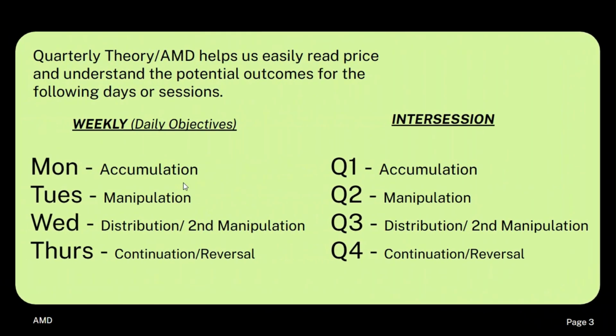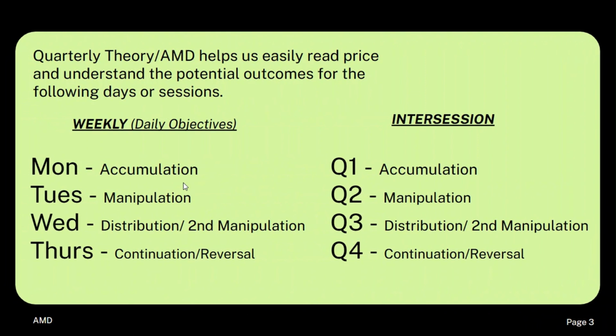So moving on to the AMD, quarterly theory. This helps us easily read price and understand the potential outcomes for the following days or current day, the following sessions or current session. For our intersession, which is obviously within a session, when you break a session up into quarters, you see all the phases are the same.